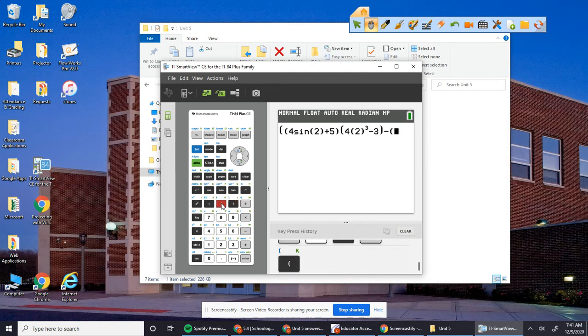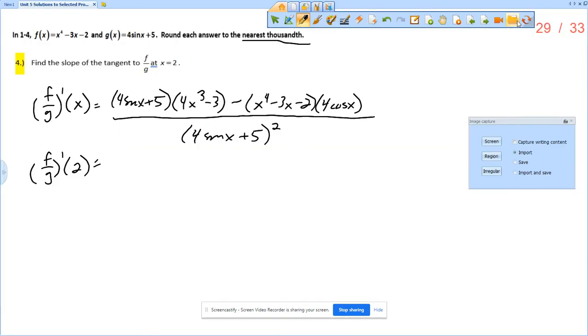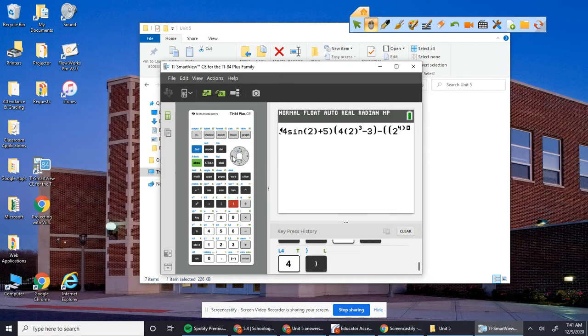Then minus the numerator. So that would be 2 to the fourth, sorry. Let me go back here. x to the fourth minus 3x minus 2. So 2 to the fourth, I have to move that parenthesis. 2 to the fourth minus 3 times 2 minus 2, close parentheses on that, and then times 4 times cosine of 2.